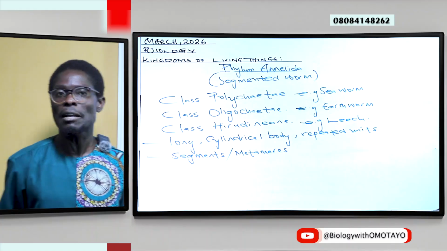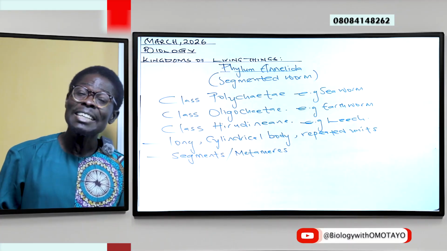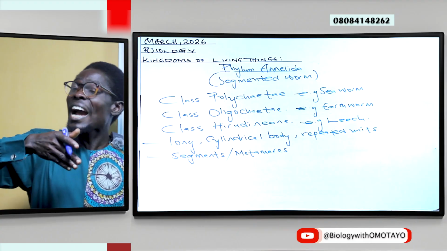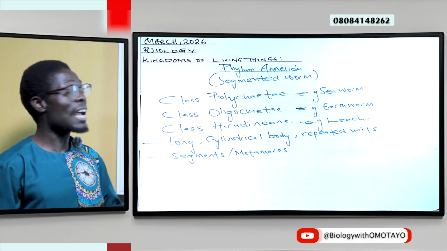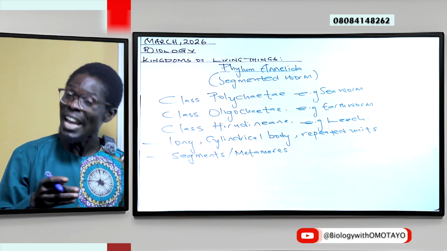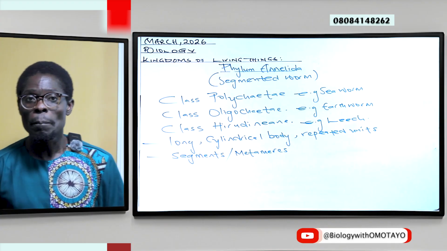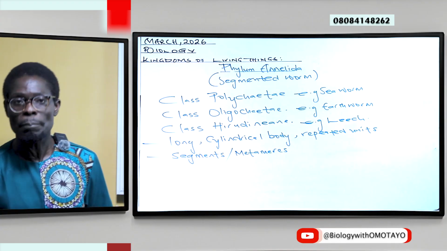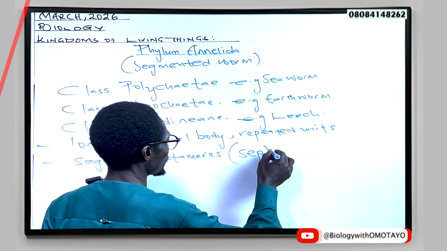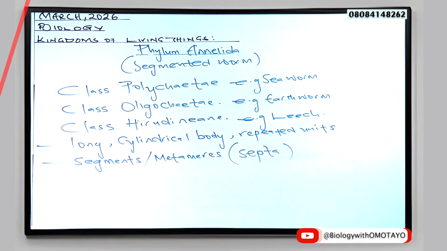And the segment here is separated both externally and internally by what is called a septa. The septa helps to ensure that there is a complete separation both externally and internally. And with this advantage, these worms under phylum Annelida are able to grow bigger.